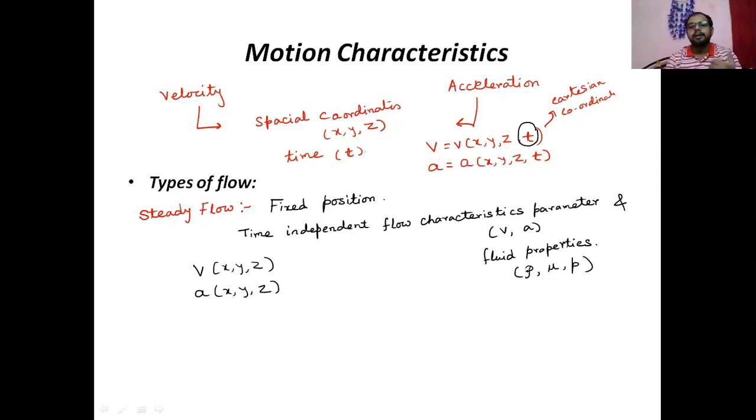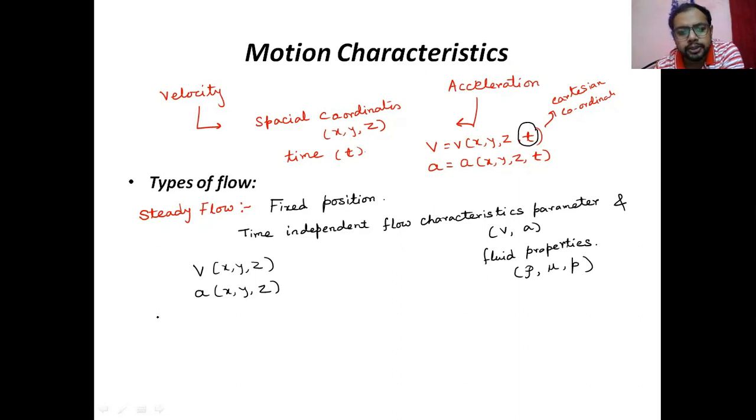If you change x, y, z, the spatial coordinates, it will change, but it is time independent and does not vary with time. That kind of flow is known as steady flow: time independent flow characteristic parameters and fluid properties.